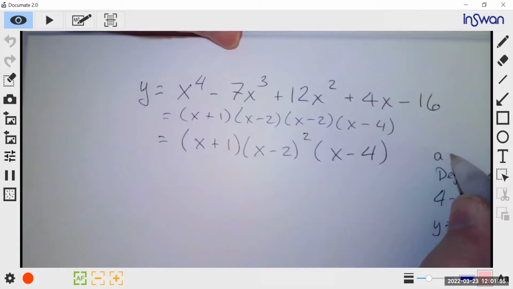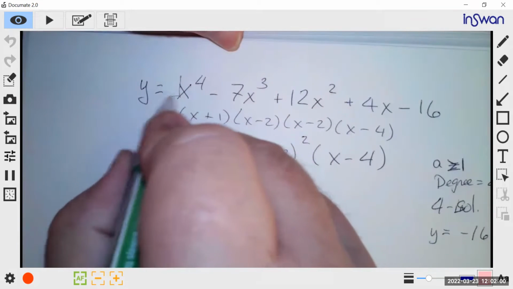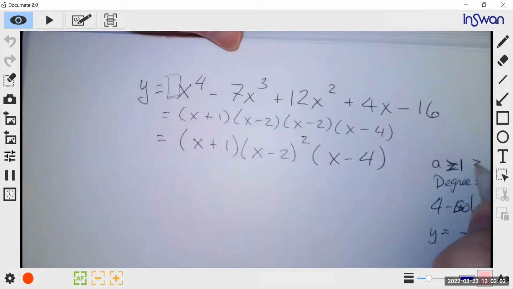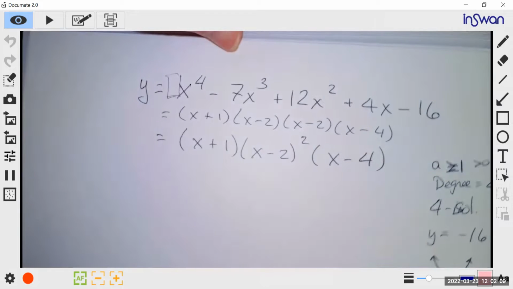And a is equal to 1. It's whatever's in front of the highest exponent, and that's greater than 0. So we know that since it's an even degree, both ends have to go up.